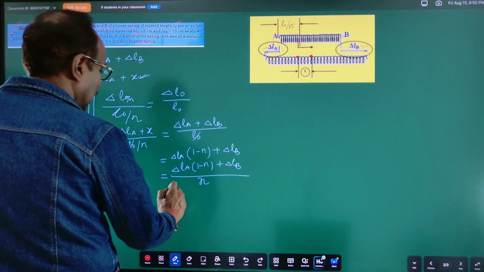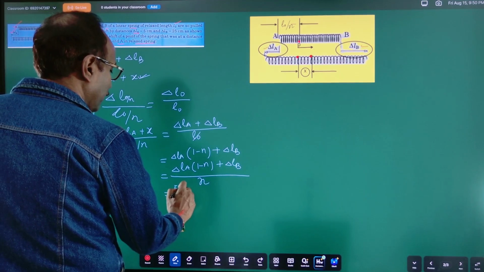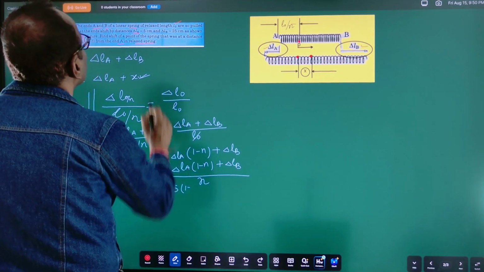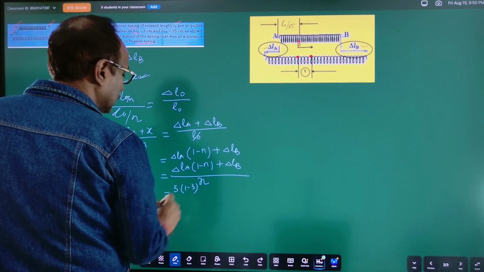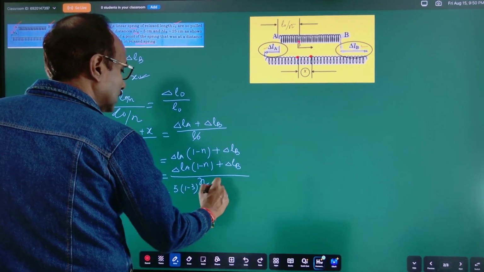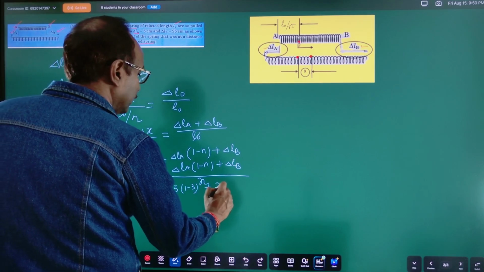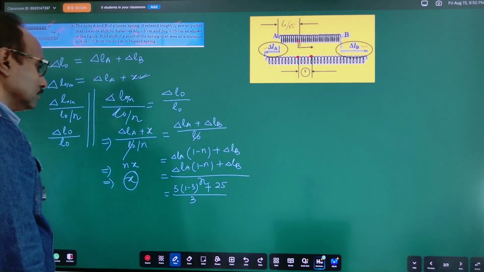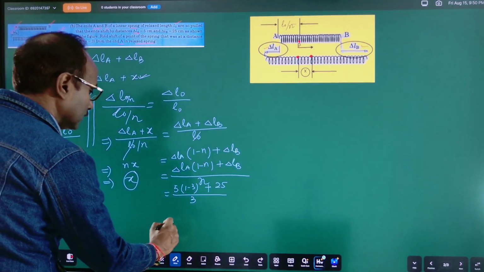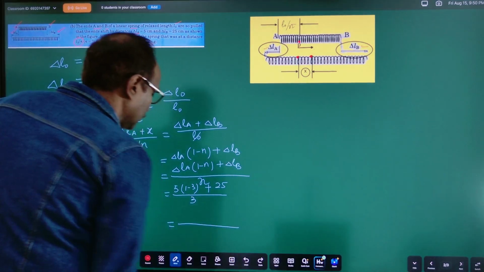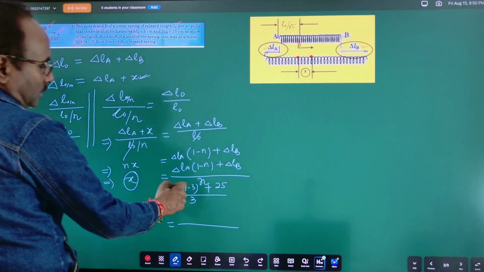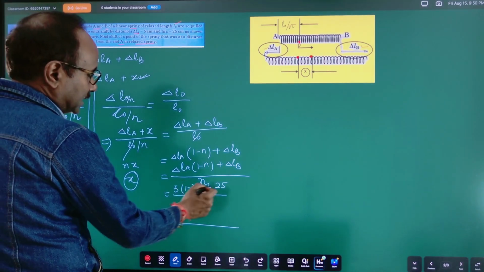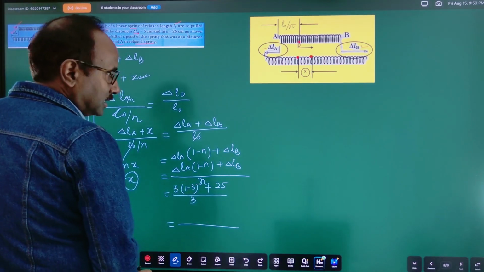Delta LA is 5, 1 minus n is 1 minus 3, delta LB is 25, divided by 3. So this has become minus 10 plus 25, that is 15 divided by 3.